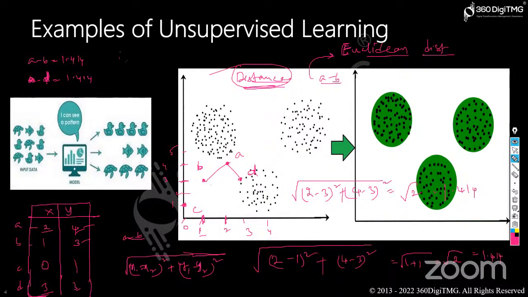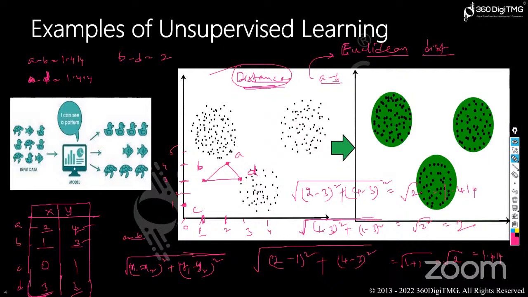Now, what is the distance between B and D? Looking at the difference between B and D, x1, x2, 1 minus 3 whole square plus 3 minus 3 whole square. So what am I getting? 2 whole square. The answer is 2. So B and D is 2.